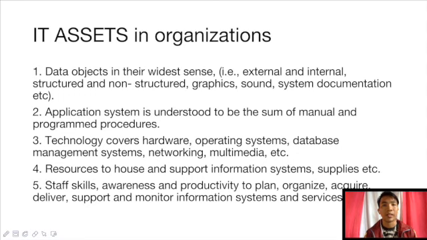So these assets in organizations include internal and external data, as I've said earlier, the different application systems, technologies, including databases, networks, operating systems, hardware, resources. That includes supplies, other equipment that needs to contain information systems data.